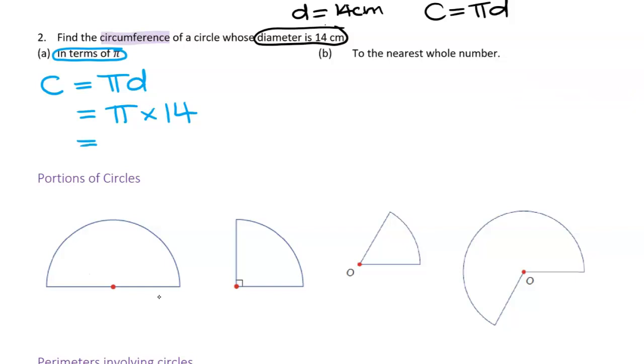So instead of writing pi times 14, we can just write 14 pi. So that's our answer here in terms of pi. We still have pi present in our answer here, which is just fine because the question wanted it. So we've done our formula step, our substitute step, and our answer step.